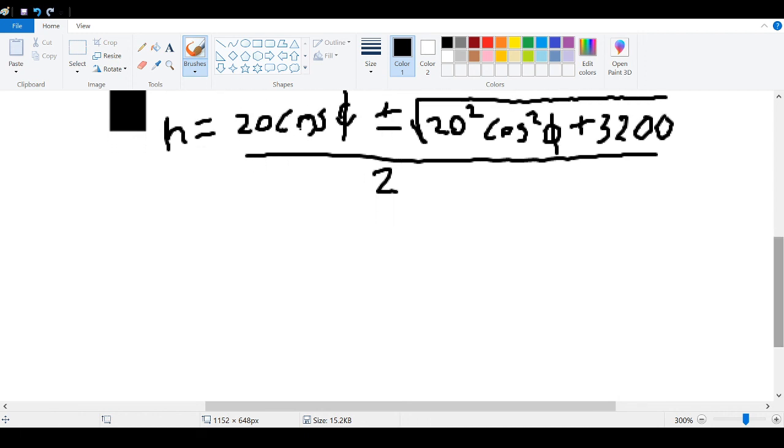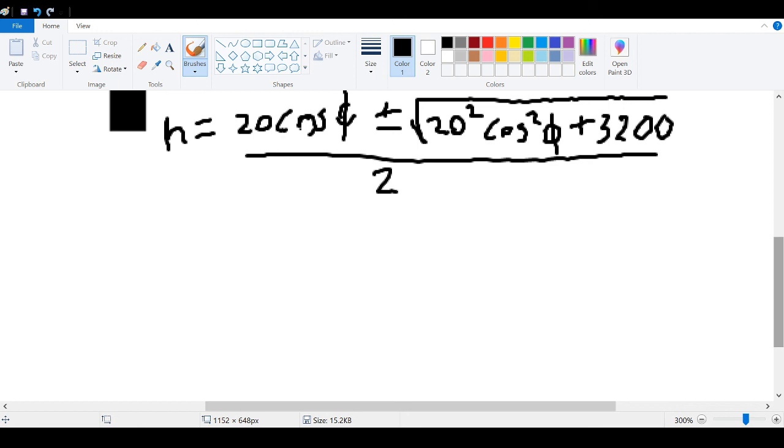So obviously the 20 can cancel out one of the 2's. Now here we can pull out a 20 squared from both of these terms, and that's because 3200 is equal to 400 times 8, and 400 is 20 squared. So we can pull out a 20 squared from underneath the radical, and then that 20 will cancel with the 2.